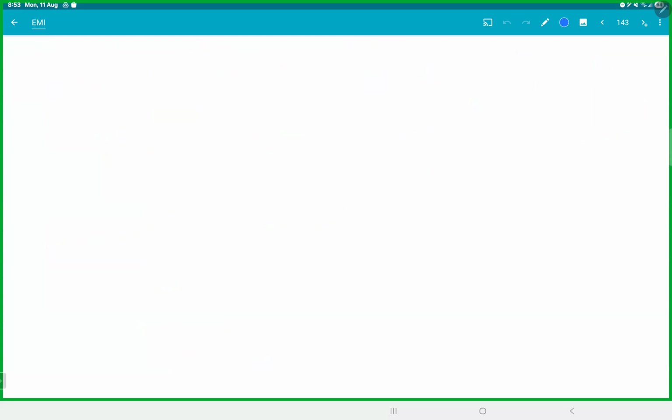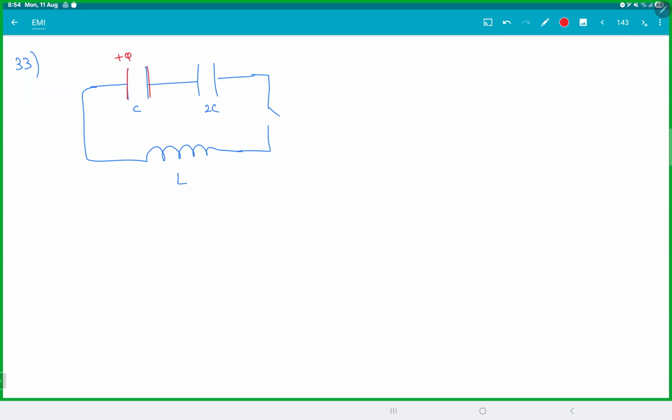Let's see something like this, something with a little more variation. What if you have two capacitors and an inductor? C, 2C and L. Plus Q, minus Q, 0 and 0. Find the maximum current and the charge on the capacitors.